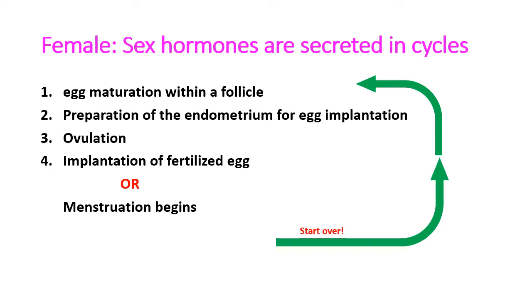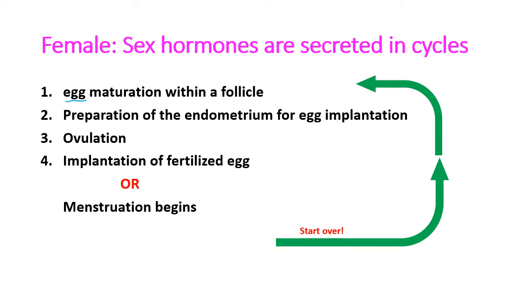The cyclical process is geared towards the fact that reproduction in the female is designed to produce a single oocyte, make that oocyte ready for fertilization, and allow for that fertilization to occur one at a time. So we're going to have the maturation of an egg.